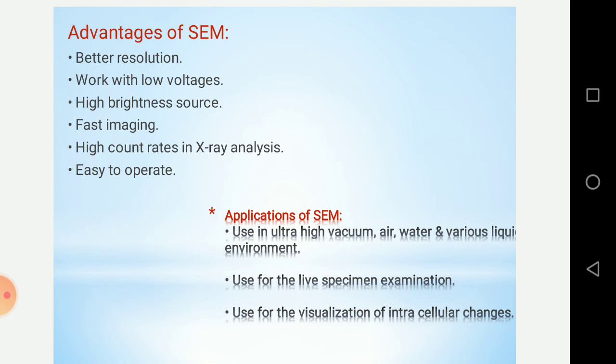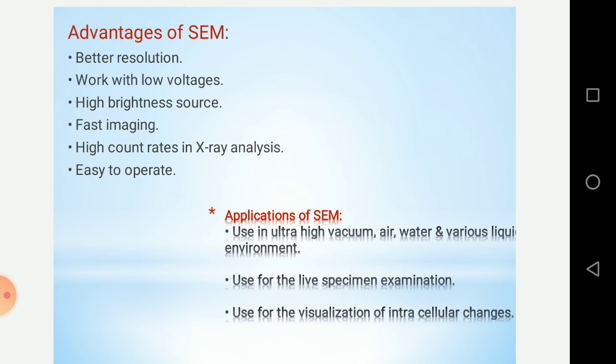Compared to the transmission electron microscope, it gives a full view of the image. Means we can scan the entire image, and we can get an entire view of that specimen.